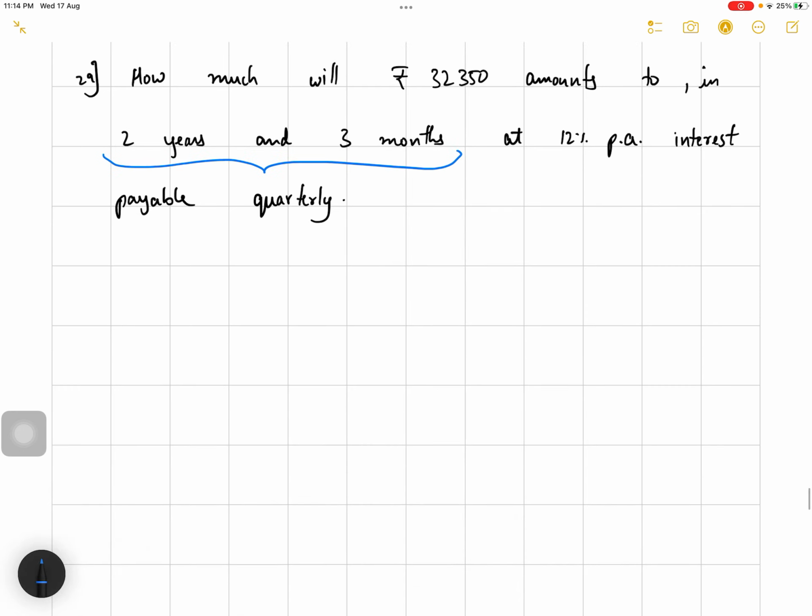I have just converted months into years. 3 months is 3 by 12, which is 0.25 year. So the period, that means n, is equal to 2.25 years.